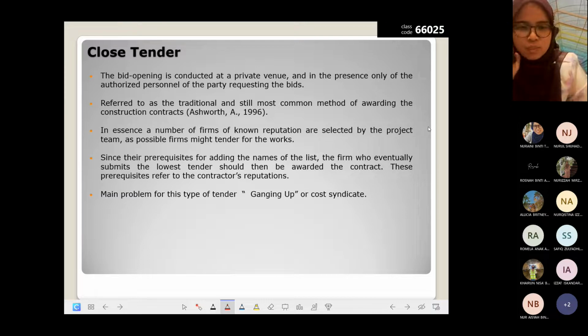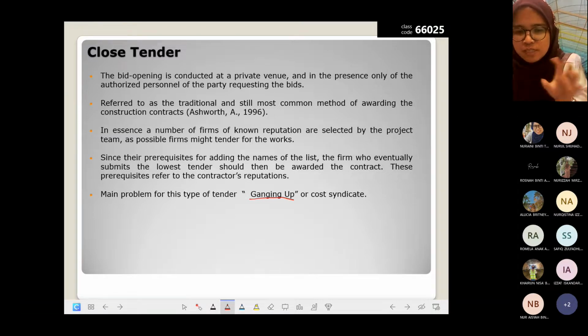Okay, tapi the problem is ganging up. Okay, ganging up or cost syndicate lah. So ganging up ni diorang berpakat, all the company. Okay, contoh ada 5 company kan, so dia berpakat. Okay, so kita bagi dekat seorang. Orang ni akan bagi harga macam ni, dia letaklah harga yang memang dia akan dapat. Yang orang lain akan bagi terlalu tinggi, terlalu rendah, which is memang auto akan tahu disqualified lah.